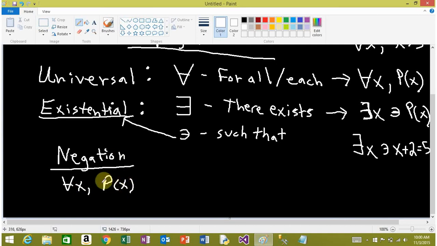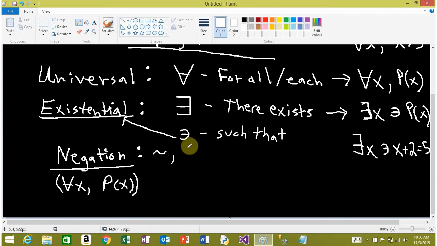And if we want to look at negation, remember we either use the tilde symbol, like you see in Spanish, so that means not.